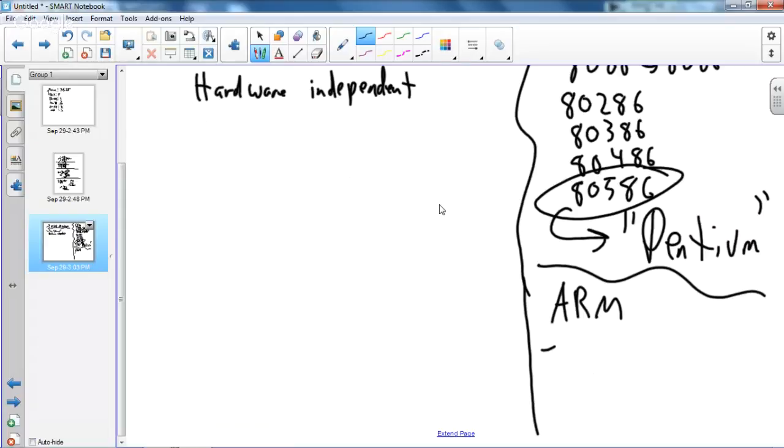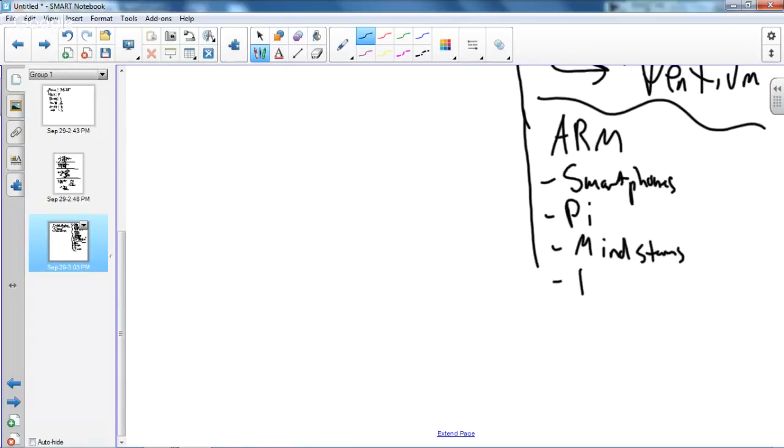What do I mean, for example? How about smartphones? How about Raspberry Pi? All those sorts of things. Lego Mindstorms. Your toaster. If your toaster has a CPU, it's from ARM.